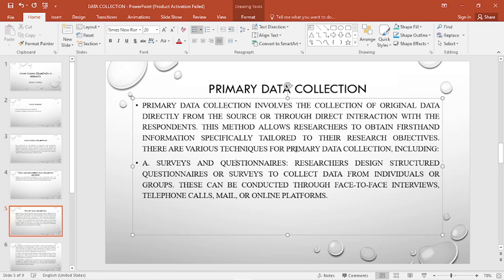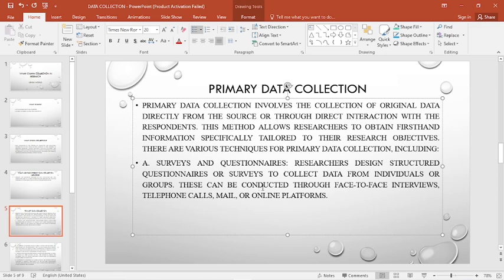There are various techniques for primary data collection. First of all, survey and questionnaire is very important, because in this you ask questions to respondents, to people, and collect the data. Researchers design structured questionnaires or surveys to collect data from individuals or groups.